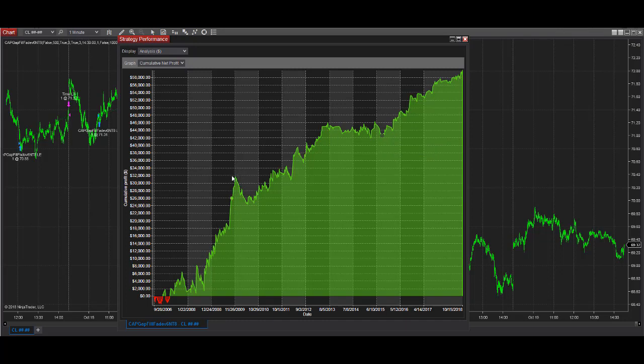We have bigger drawdowns. The biggest drawdown occurred here, about 7,000, but that was after a huge run up. And so the market was very favorable to the long side right here, and then massively reversed down right here.